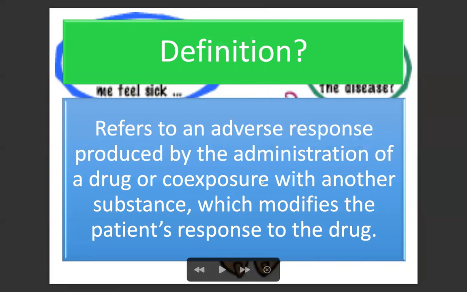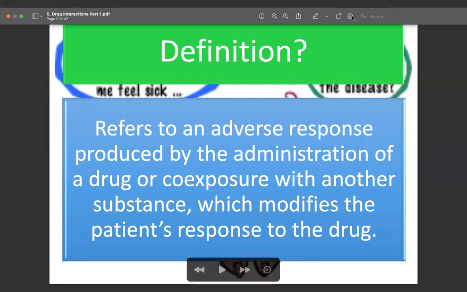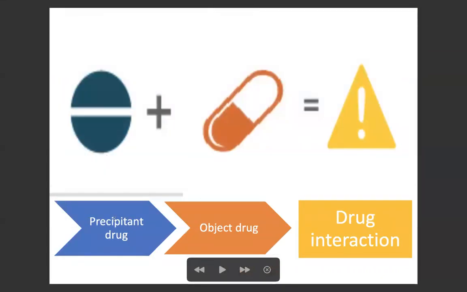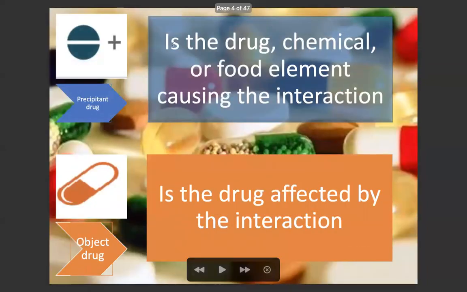Not necessarily a precipitant drug only, but a precipitant substance, and then, of course, the one that receives the interaction, the object of the interaction, is the object drug. So again, precipitant drug plus object drug, there is drug interaction.